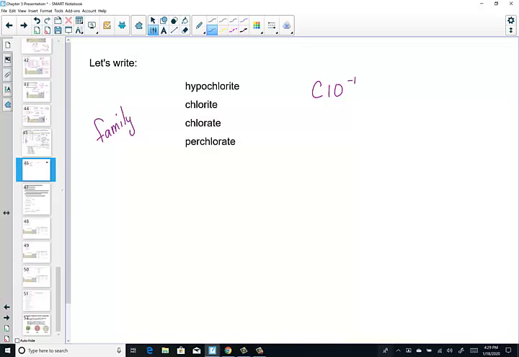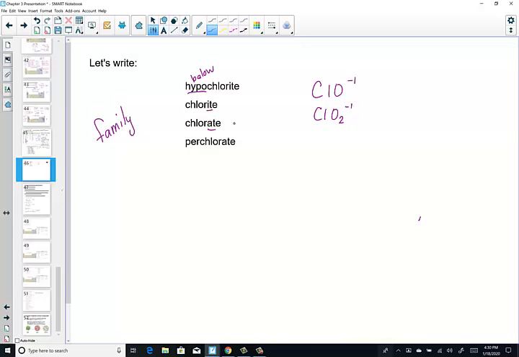ClO -1. 1 oxygen chemically bonded to a chlorine. Hypo means below. If I take off the prefix hypo and just go to plain old chlorite, I then go up 1 more oxygen, right? Hypo means 1 below, so I remove an oxygen. I still keep the charge the same, chlorite, ClO2 -1.